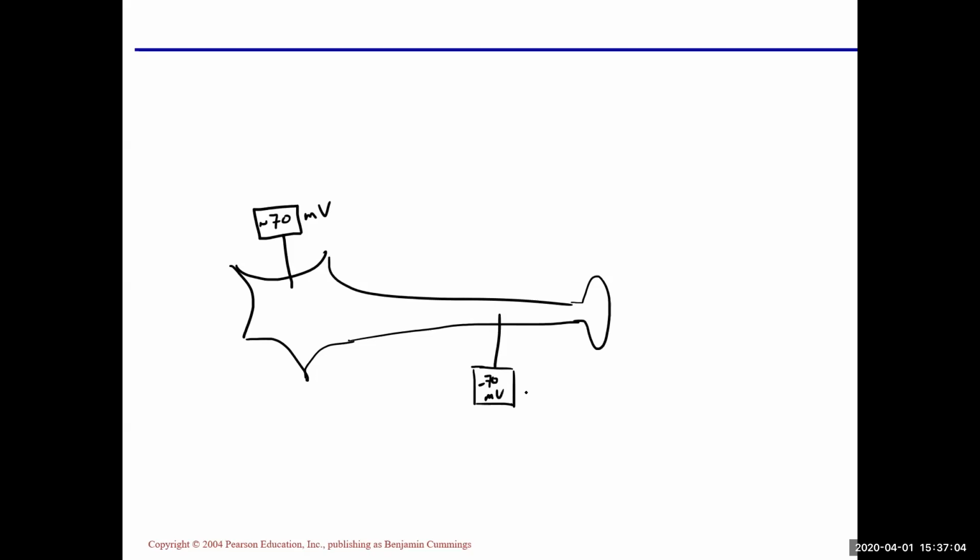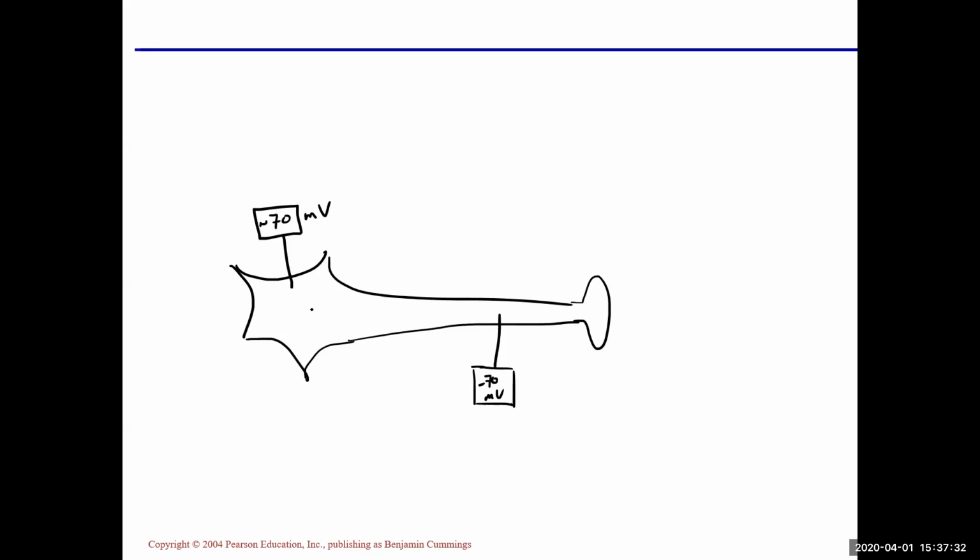This is our neuron. Again, if you look at different kinds of neurons, it's around there, but it may be -65, -73. It really depends on the type of neuron and which organism we're looking at. But for the majority, our neuron is -70 inside.